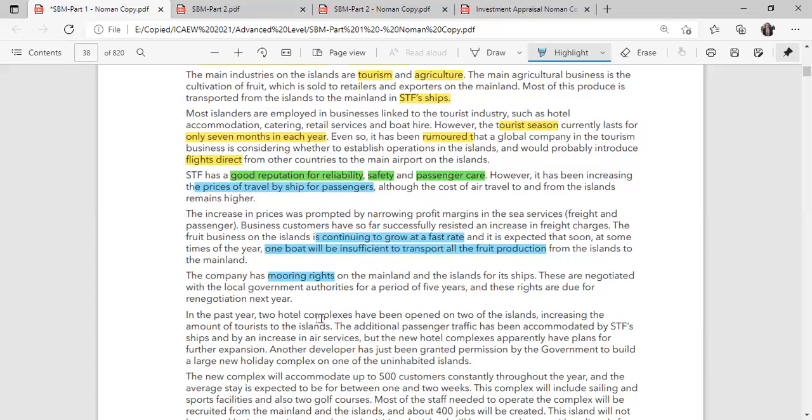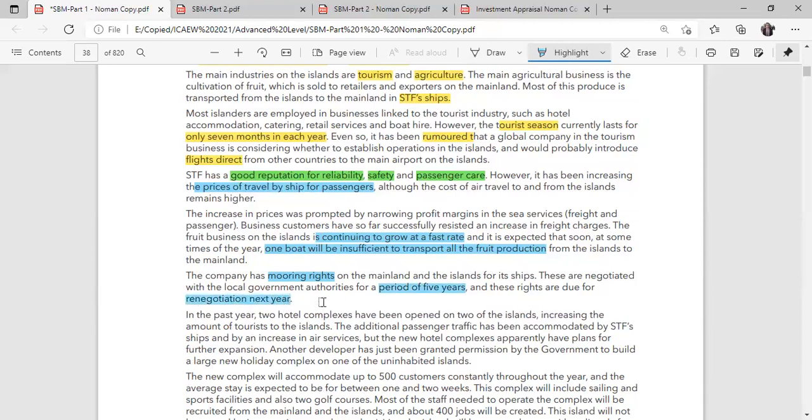These are negotiated with local government authorities for a period of 5 years. So a good amount of time. Your rights would be for 5 years, so you could have a lot of business within your 5 years. And then you can consider either you need to renegotiate with your government authorities or you want to discontinue. And these rights are due for renegotiation next year.